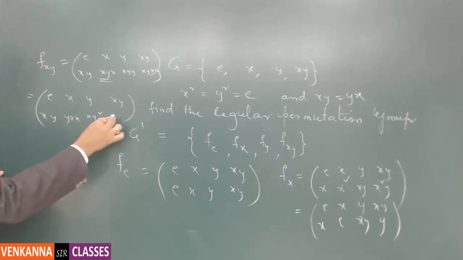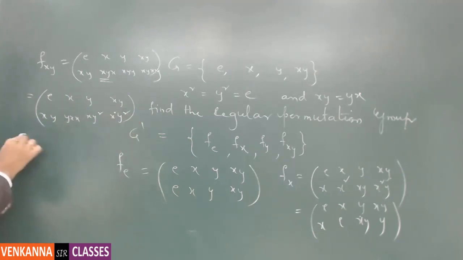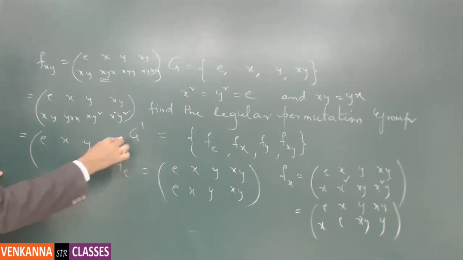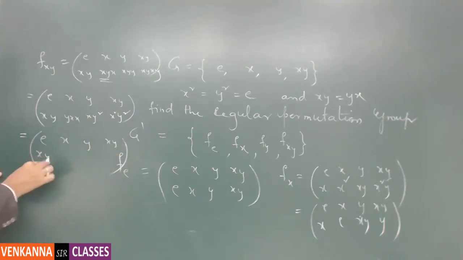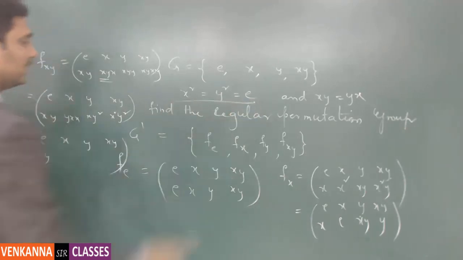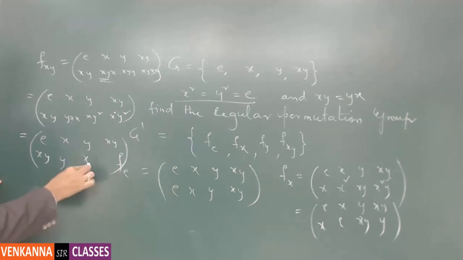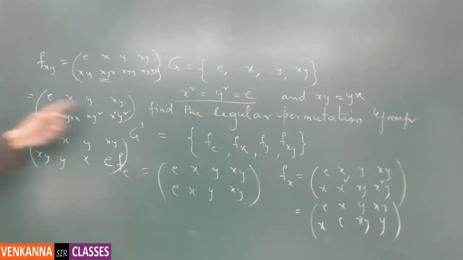Again, you can write it as x square y square. Since x square is equal to e, this is nothing but y, this is x, this is e. This is the permutation you will get at the end.